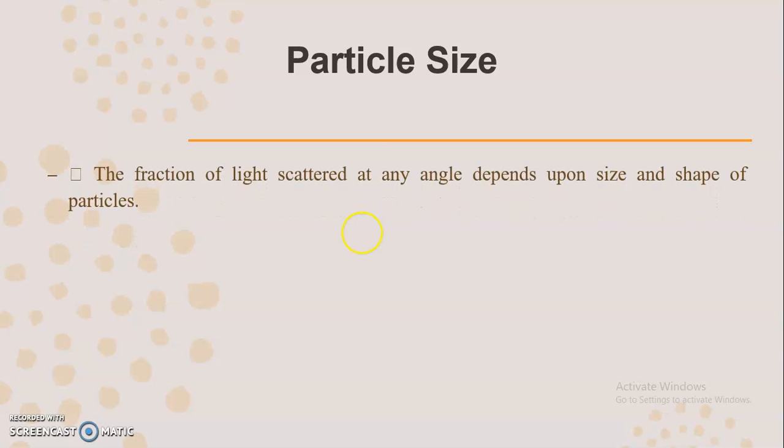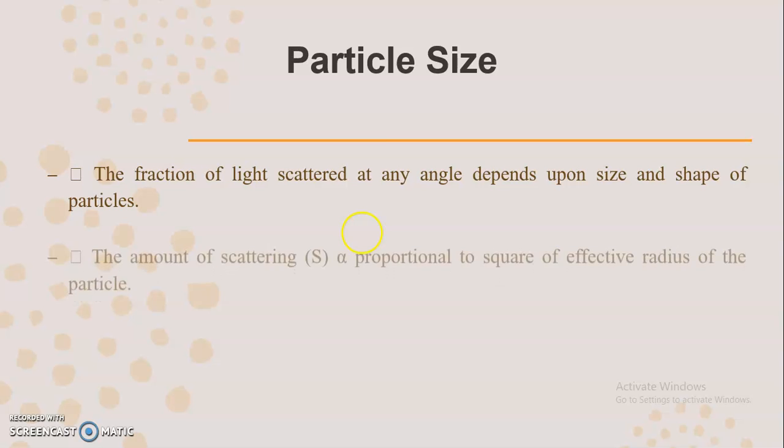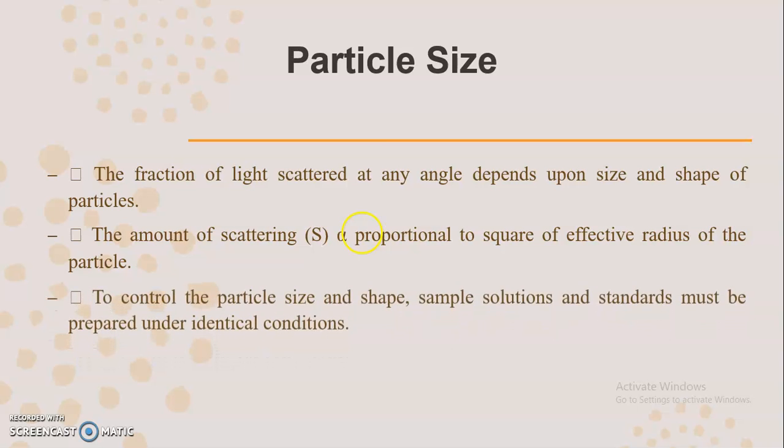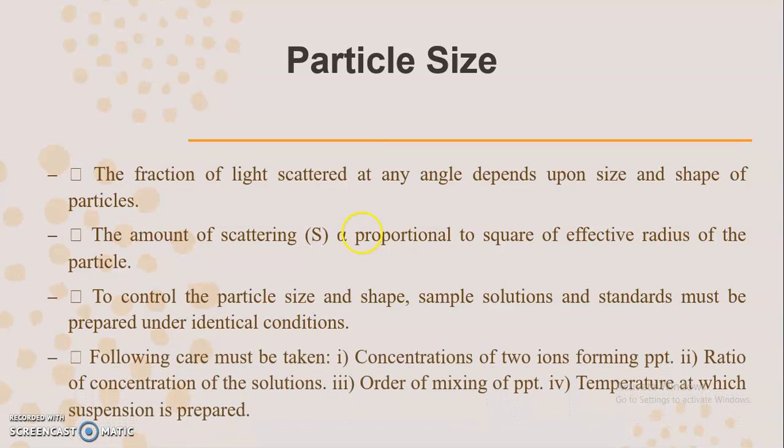The next point is particle size. The fraction of light that is scattered at an angle depends upon the size and shape of the particles. The amount of scattering is proportional to the square of the effective radius of the particle. To control the particle size and shape, sample solution and standards must be prepared under identical conditions.